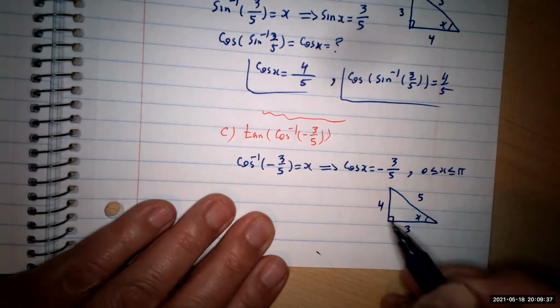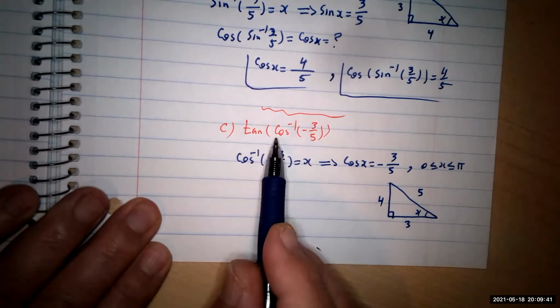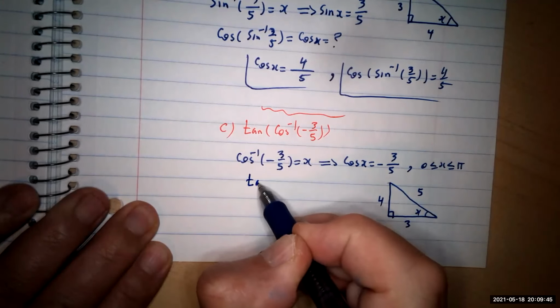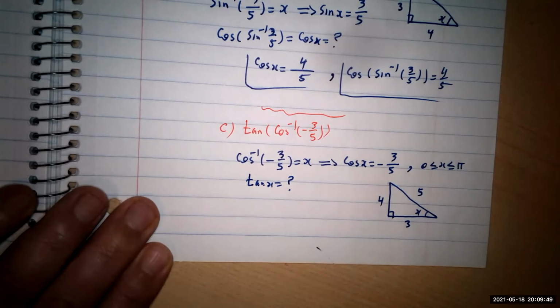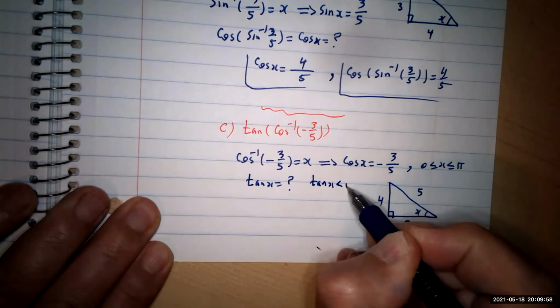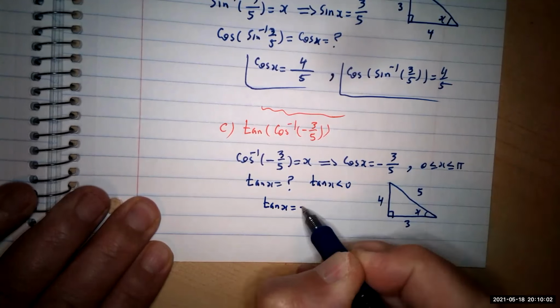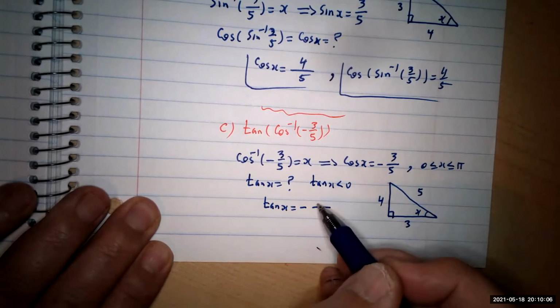So this is going to be 4. You are interested in tangent, because if you substitute, then it gives you tangent. So the question is, what's going to be the tangent of x? Okay, since the cosine is negative, you make sure that you know that the tangent is going to be negative. So tangent of x is negative, and you read it from this triangle. So it's going to be minus the opposite over the adjacent.